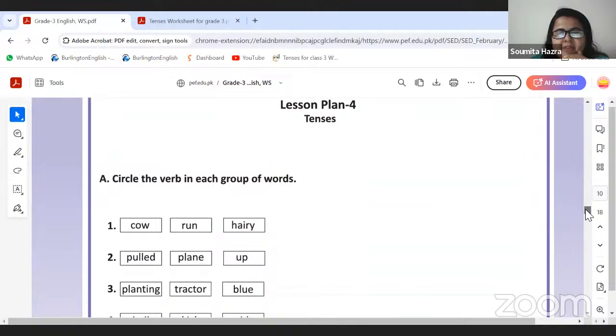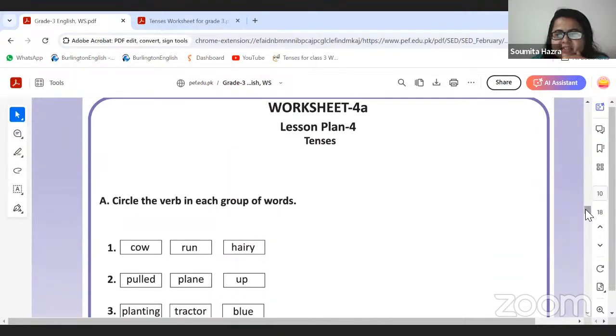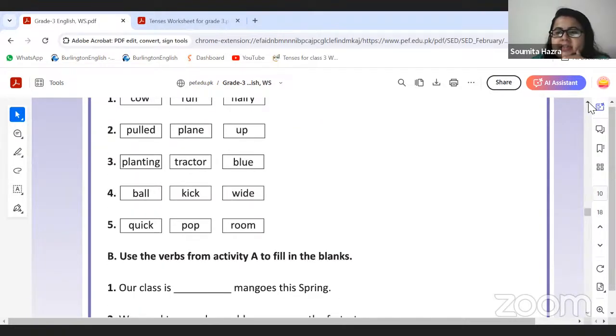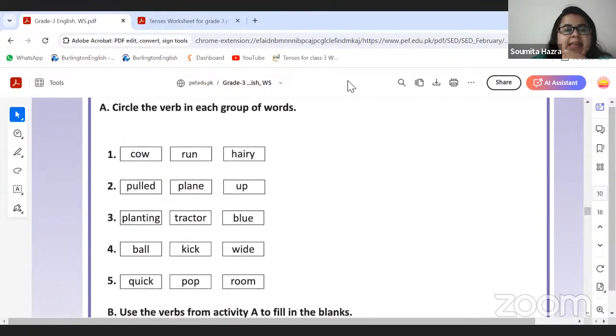Regular, irregular verbs, everything we have already discussed, right? If you remember. Okay. So here you can see sets of words, right? From each set, you need to identify the verb. It's very easy, I know. The first set is cow, run, hairy.